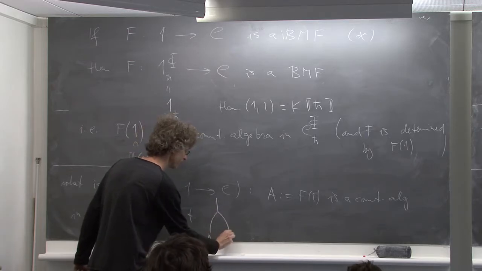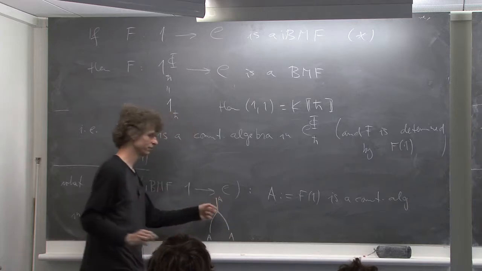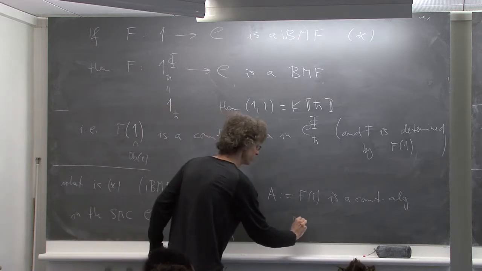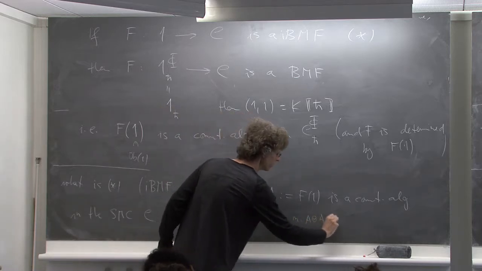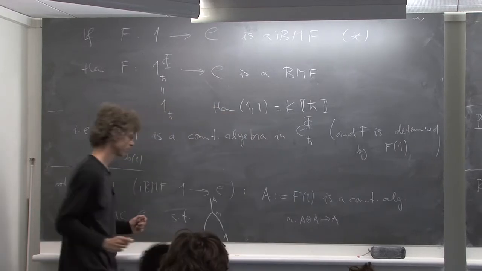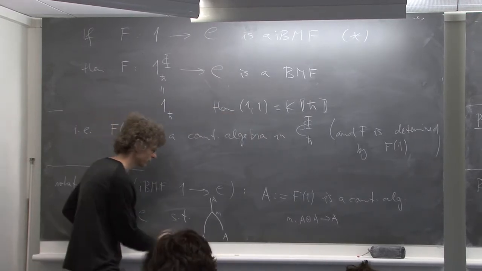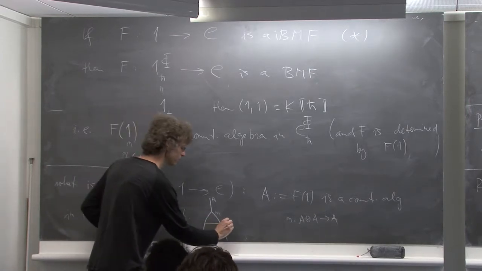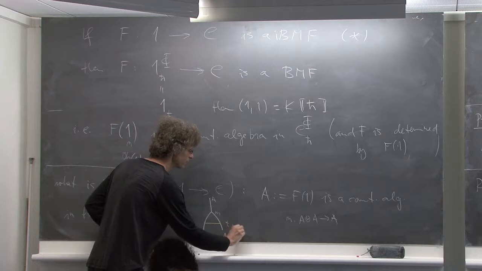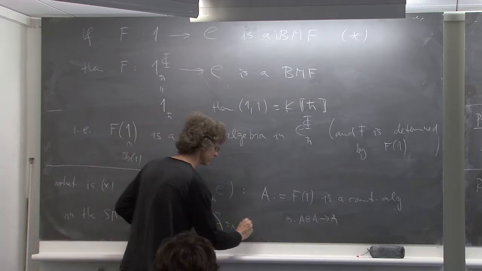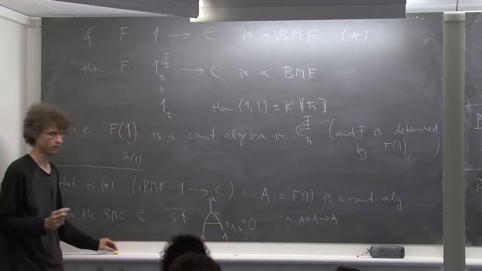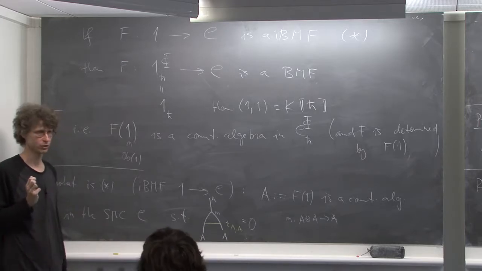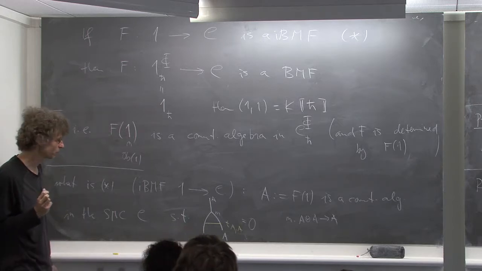So here is A, and this is the multiplication, let me call it M, going from A tensor A to A. The additional condition is that when we apply T here, this T_AA composed with M is equal to 0. Just this. That's something fairly simple.